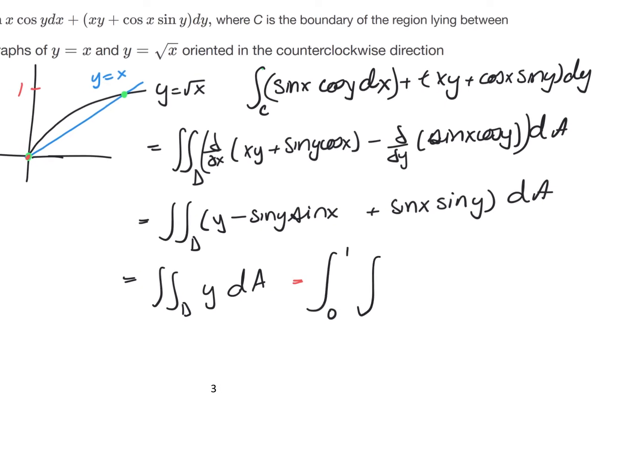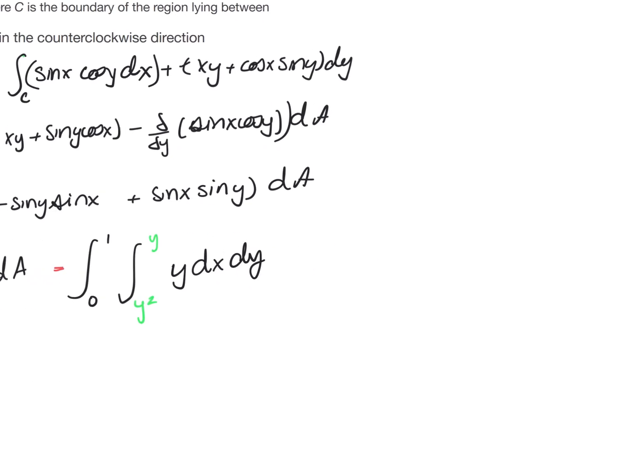My x is going to be bounded below, which will be this one, and bounded above by this one. So below, which is the curve y equals x squared, I'm going to solve for x, so I get y squared, and bounded above by the line. So I end up with that, and then I have y dx dy.